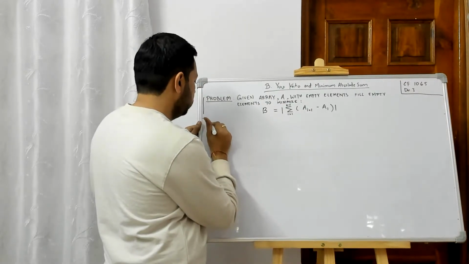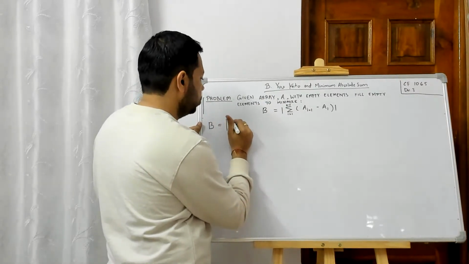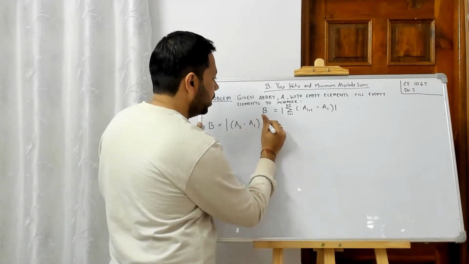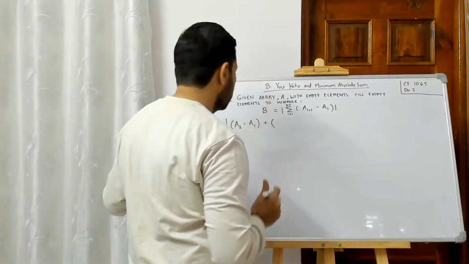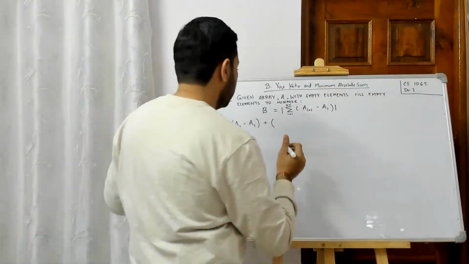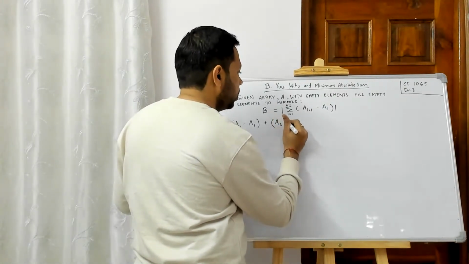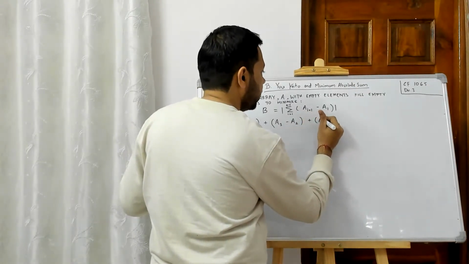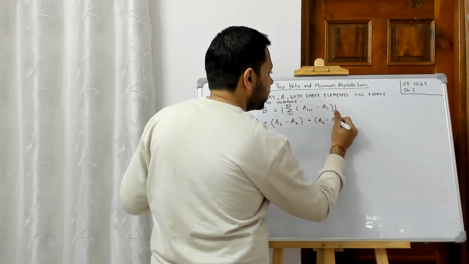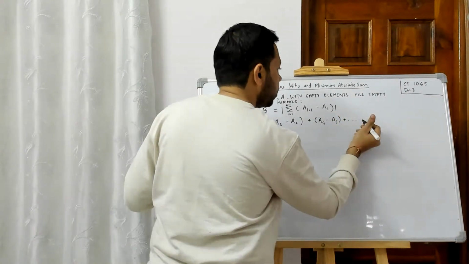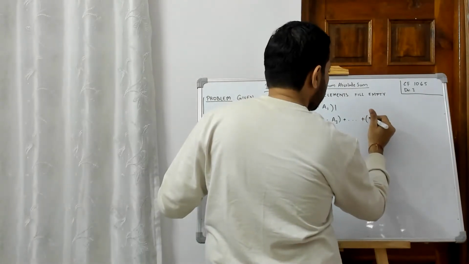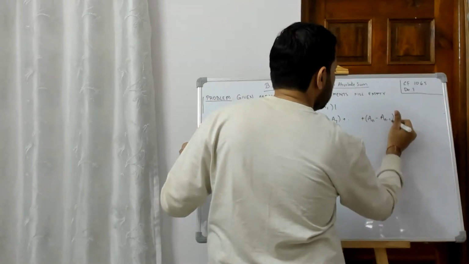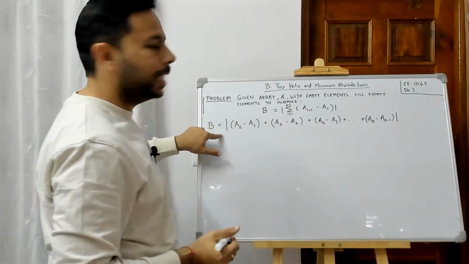Then b is actually equal to the absolute value of sigma, a2 minus a1 plus a3 minus a2 plus a4 minus a3 plus dot dot dot an minus an minus 1. That's the expression b.